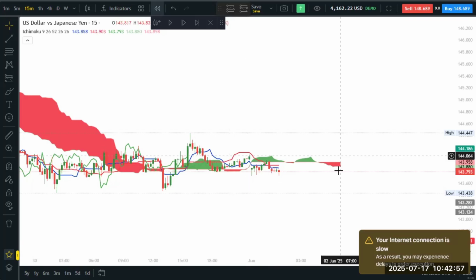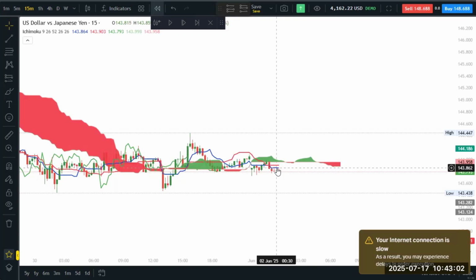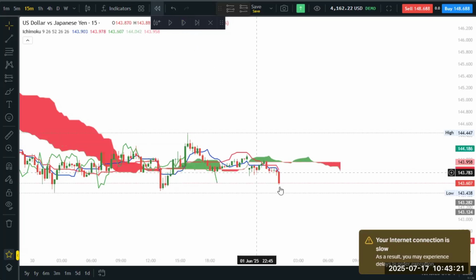Even though we are seeing the cloud over here is bearish and the blue line is below the red line, we are waiting for our lagging indicator, as the last of the factors, to align with the rest before we take a shot. You can see that this bearish candle is what pushed the lagging indicator below the cloud and the price. And we have a bearish cloud. The blue conversion line is below our red baseline.